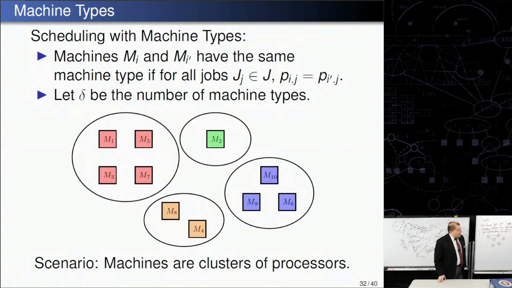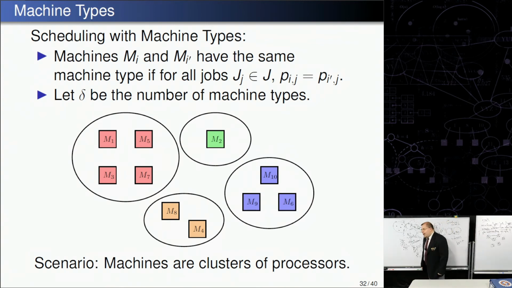A natural way you could think about machine types, and this is a very realistic thing in a real parallel environment, is that I'm going to denote the number of machine types as delta. And if you think about it, this should sound like a bunch of homogeneous processors formed into clusters. So if delta, for example, were 4, I can have 4 machine clusters like in my picture here.